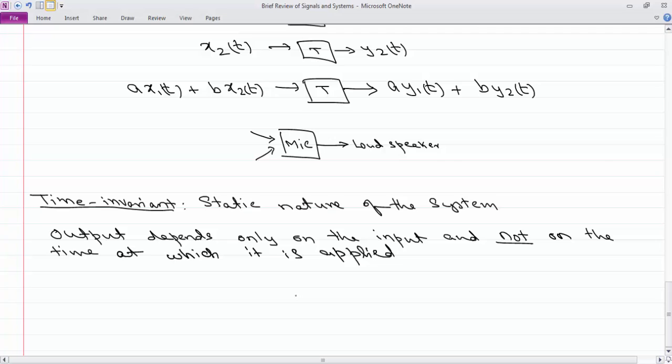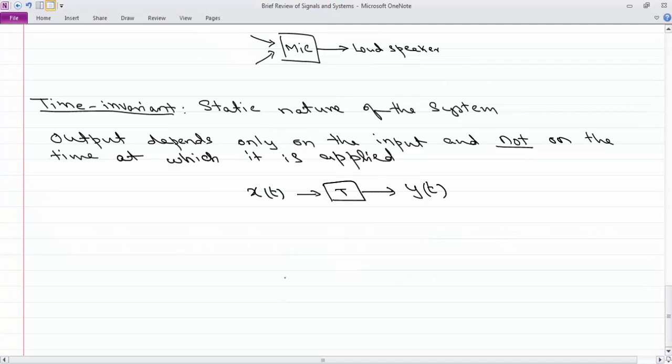So mathematically, what it means is that if my input is x of t, I have a system T, and I generate y of t. Now instead of applying that input, I apply that input, let's say, 2 days later. So I apply that input x of t minus some time t0, where t0 is equal to 48 hours. Right? The system's output should still be the same.